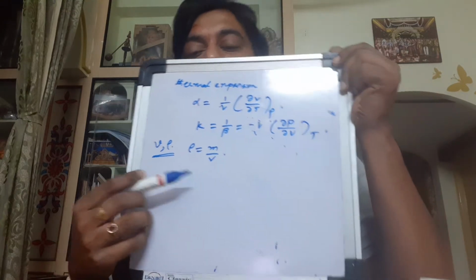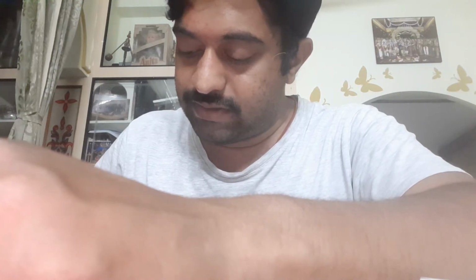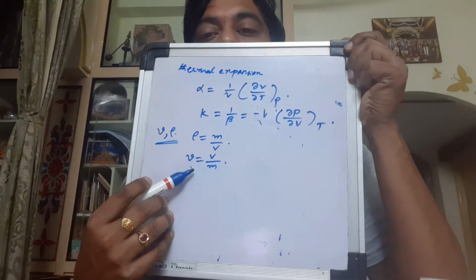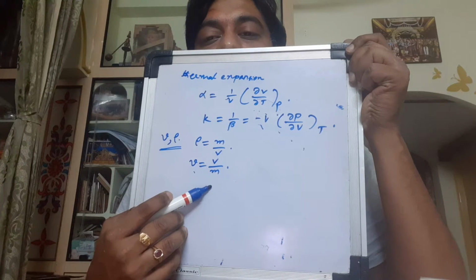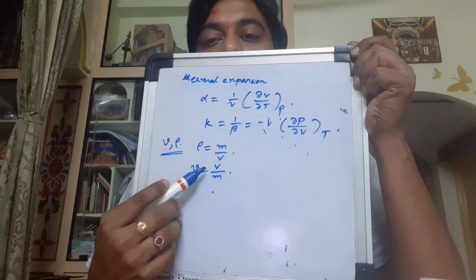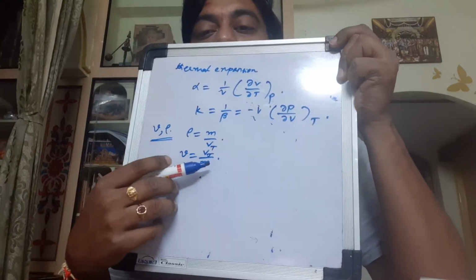But specific volume is equal to total volume of the gas by mass of the gas. Rho is equal to mass by total volume. Specific volume is equal to V total by mass.